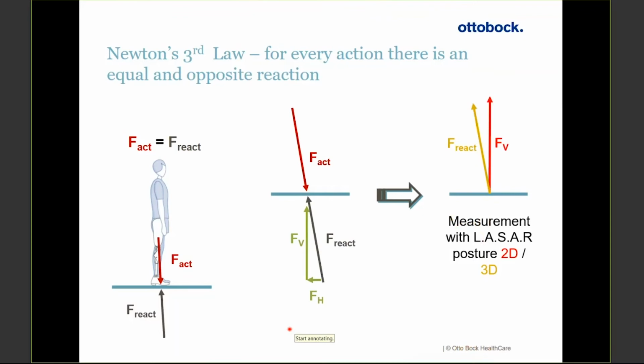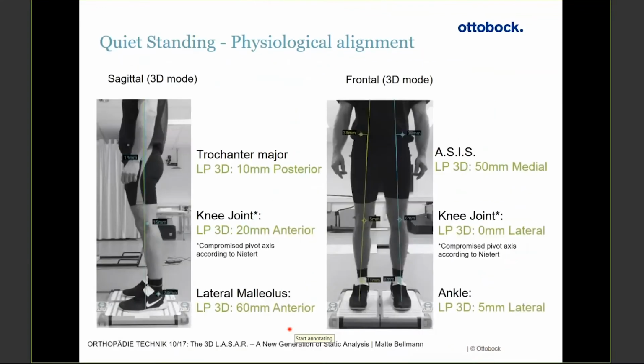So you can see both the vertical and horizontal components. And this is exactly what we are measuring here, and what we're aiming for really is this quiet standing. So I'll talk a little bit about quiet standing in a second.